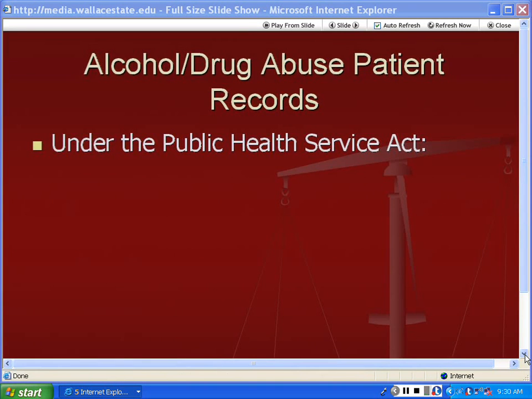They left it up to the states. But the Public Health Service Act pertains specifically to alcohol and drug abuse patient records. So if you work in one of those facilities, or worked in one even before HIPAA, then you are affected by this and you do treat these records differently.